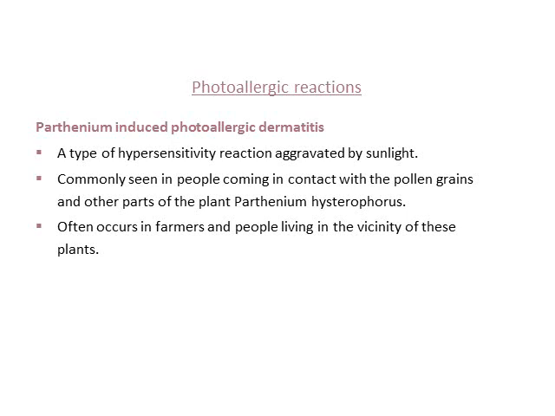A type of hypersensitive reaction aggravated by sunlight, commonly seen in people who come across the pollen grains or other parts of Parthenium hysterophorus, often occurs in farmers, people living in the vicinity of the plants.